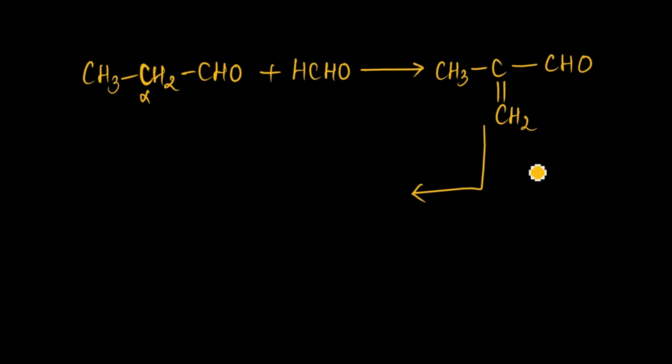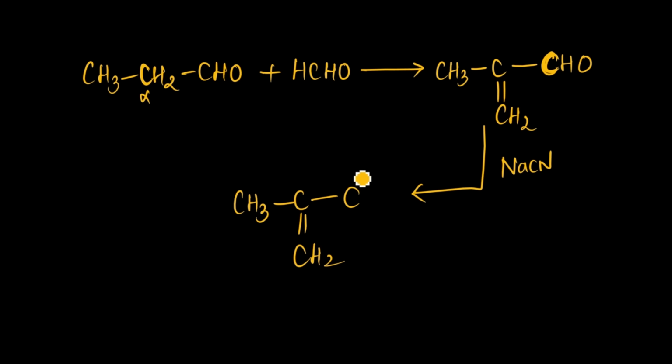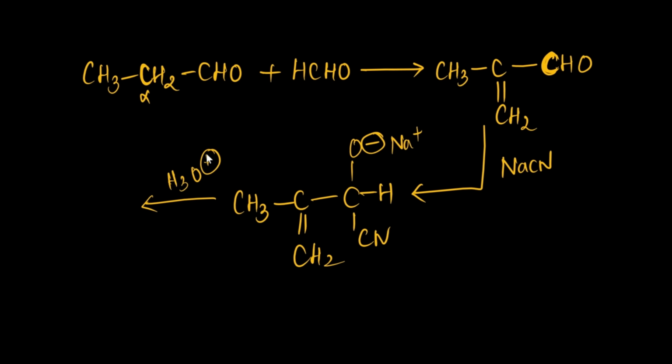NaCN will attack the carbonyl carbon, which will create CH3 double bond CH2 C with O minus, hydrogen and CN. Na will occupy over here, then followed by hydrolysis. Upon hydrolysis, cyanide will give you carboxylic acid. So CH3C double bond CH2, CH COOH. Right? So this is our product.